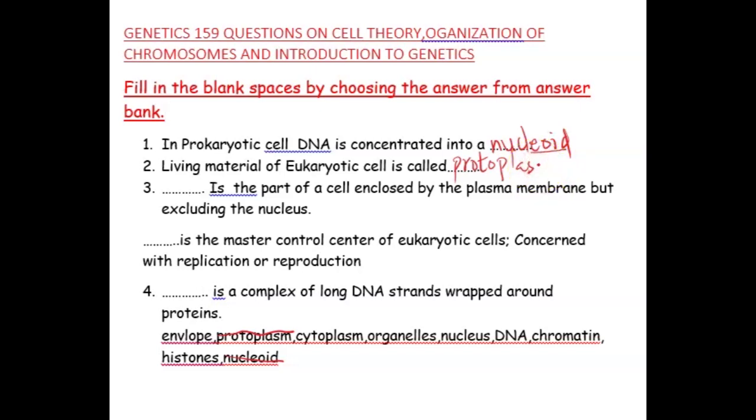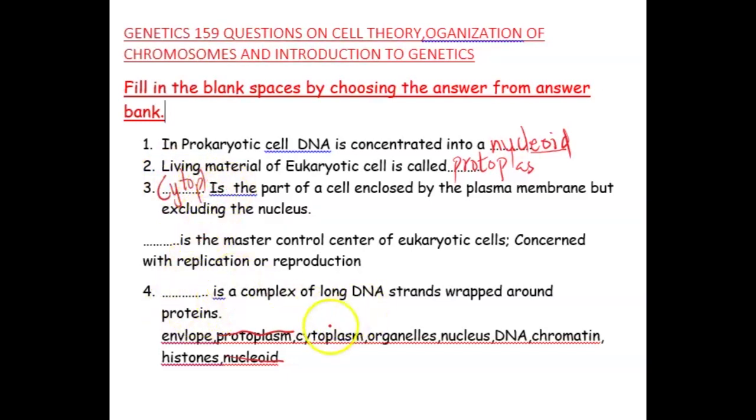Number 3 says, dash is the part of a cell enclosed by the plasma membrane but excluding the nucleus. When you take the cell and exclude the nucleus, and that part is also enclosed by the plasma membrane, that's the cytoplasm.